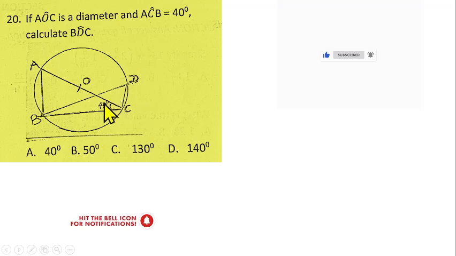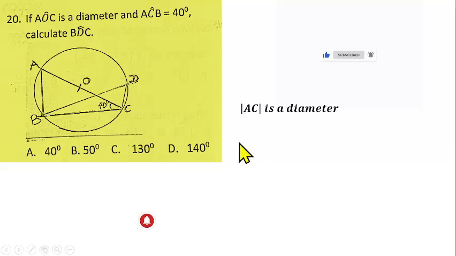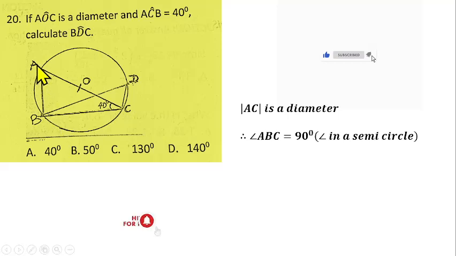It's quite simple as well. How can we solve it? Line AC is a diameter, so that makes angle ABC the total angle here, which will be 90 degrees, angle in a semicircle.